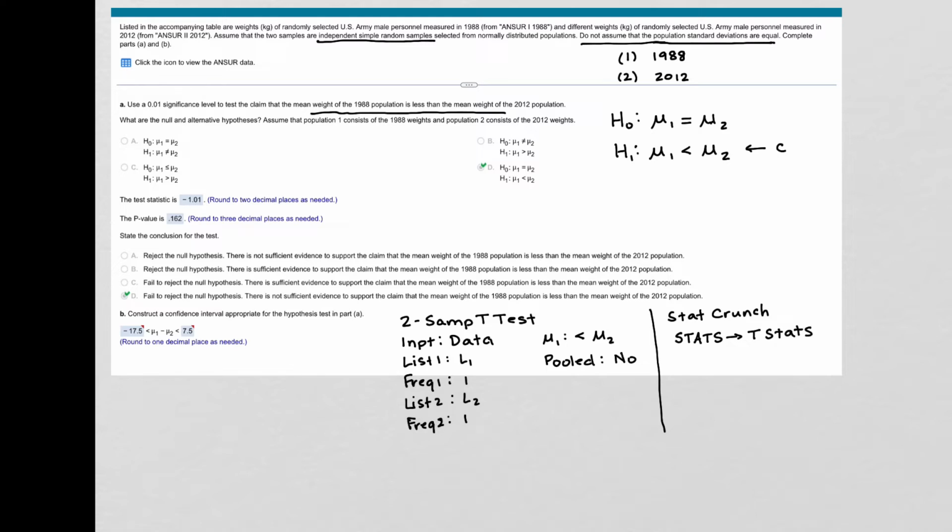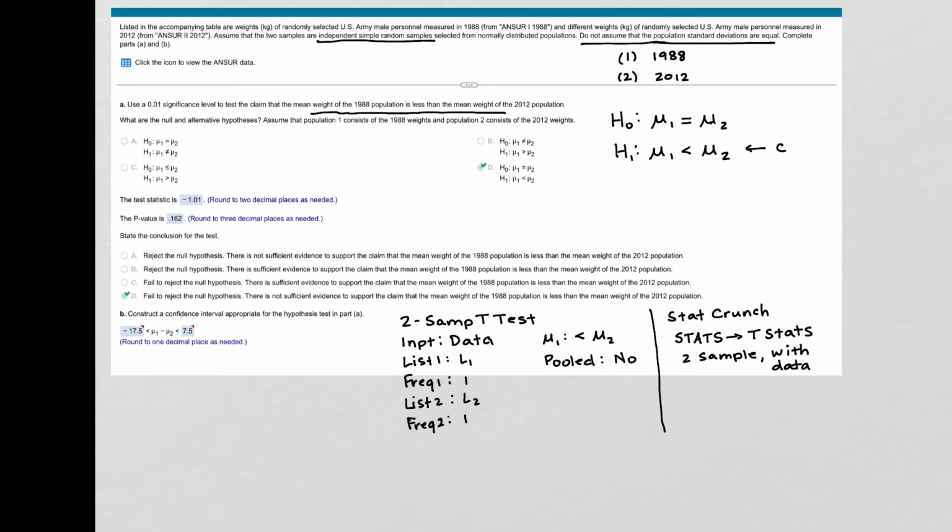And we're going to choose 2 samples. And then we're going to choose with data, because we have data.